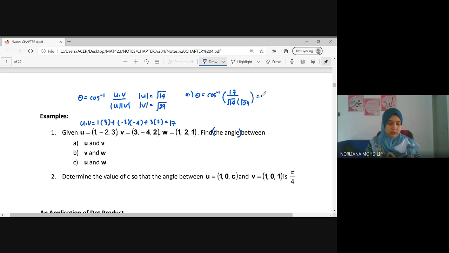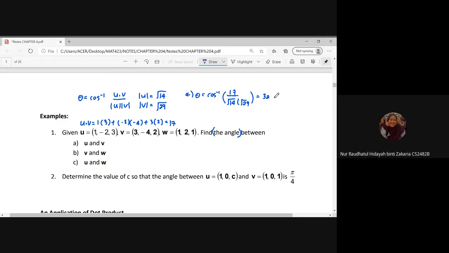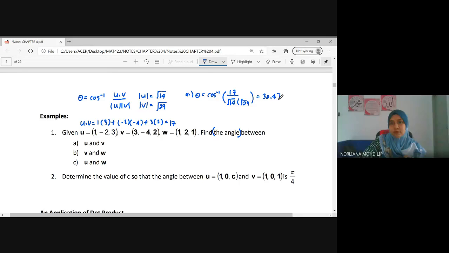Shift cos, you need to press cos inverse. Shift cos, 17 over, okay, what do you get? 32.47 degree, right?